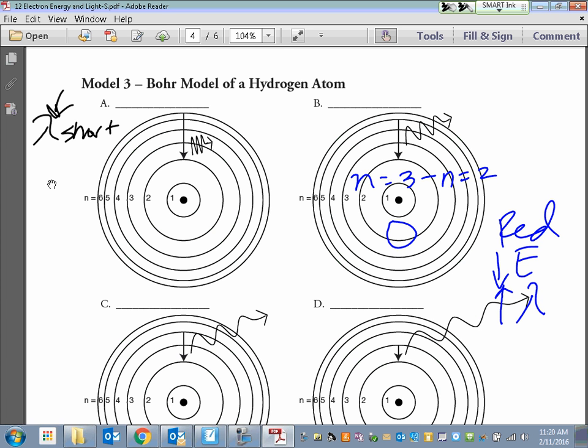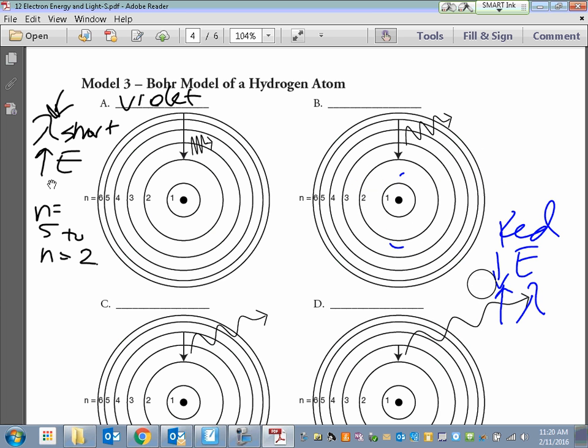So if it's passing through multiple energy levels, that's a large amount of energy that's being transitioned or changed. So that's going to be an increase in energy. And that's from n equals 5 to n equals 2. Okay? And that's what the little questions on the bottom are referring to. Label the picture n equals 5 and n equals 2 and the corresponding light. So this one is violet. So then what would the rest of these be? What would this one be over here?